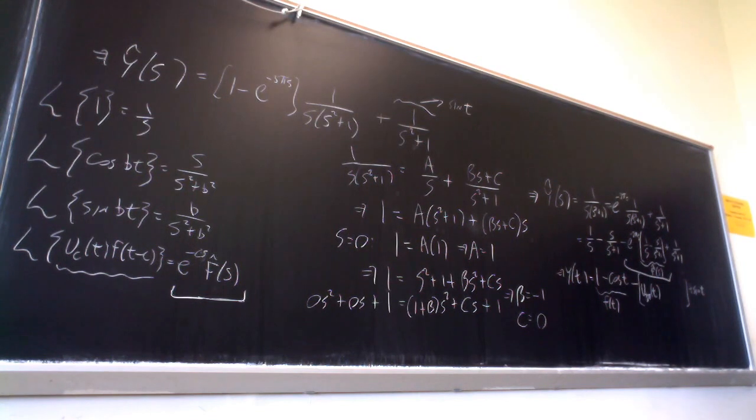It'll be minus 3 pi, but we know what f of t is, times 1 minus the cosine. So it'd be multiplied by 1 minus cosine of t minus 3 pi.